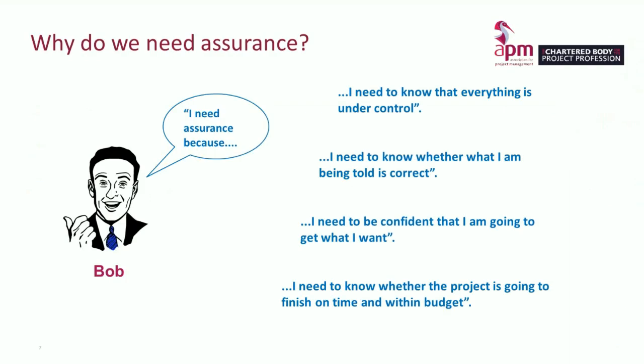So why? As Bob here will tell you, we all need assurance from time to time. In project auditing, we need to be reassured that the project is on track, that it will achieve its objectives, and it will deliver safely. Project auditing is designed to provide independent assurance to stakeholders.